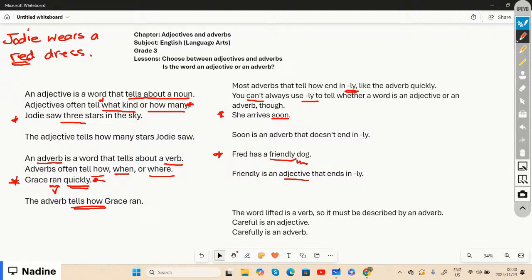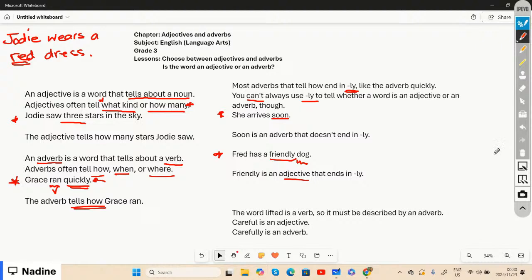Adverbs either tell us how something is being done, when something is being done, or where it is being done, and those that tell us how end in ly. For example, quickly, hurriedly.